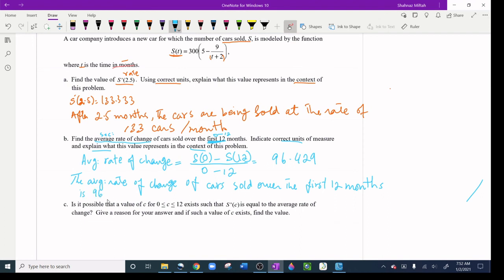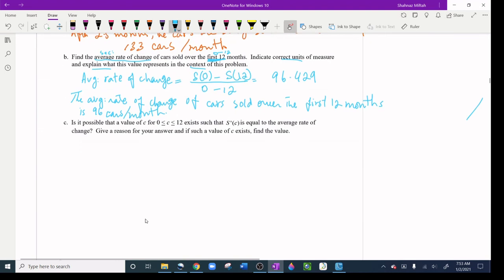What are the units? The 96 of cars sold over the first 12 months is 96 cars per month. That's the unit. And done.